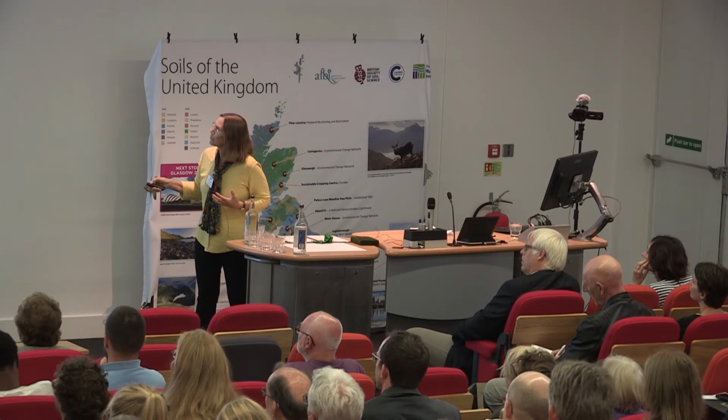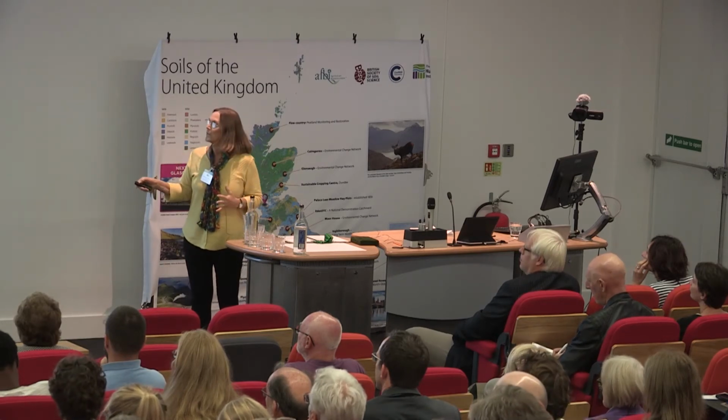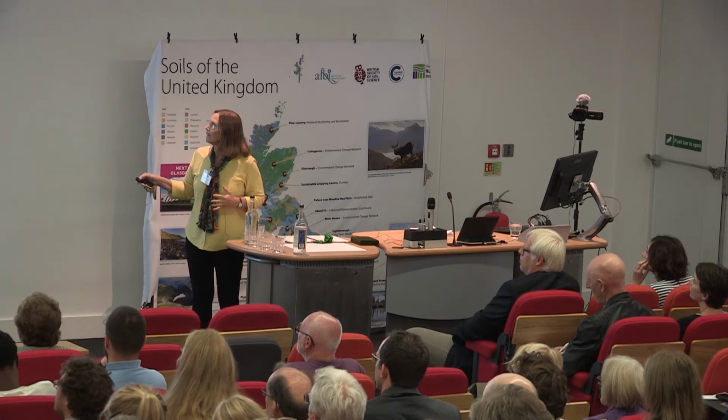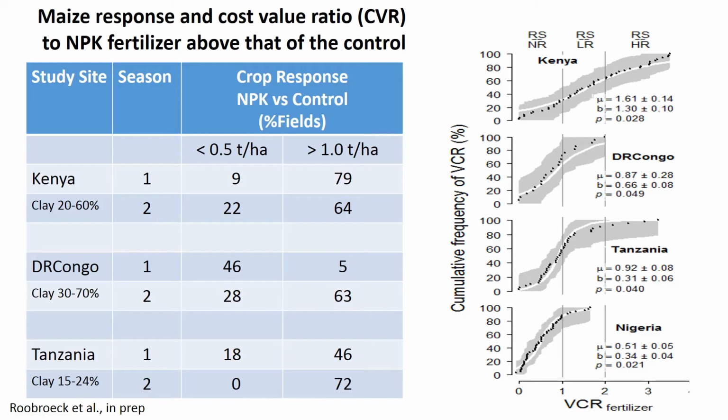And we did it for 2 seasons. And this is a summary table. So this is cases where you had less than a ton advantage when you added NPK over the control. So you added, so one is 0 fertilizer, the other is NPK. You would hope you got a big response.